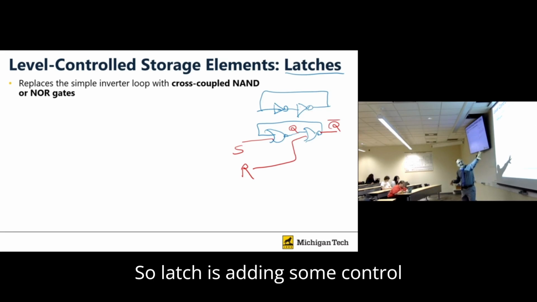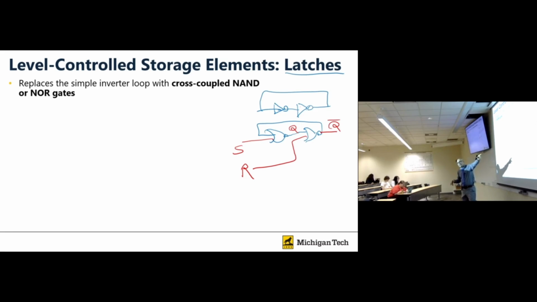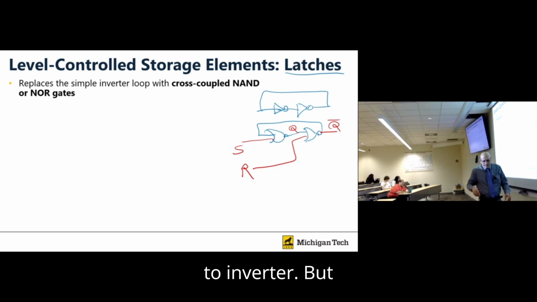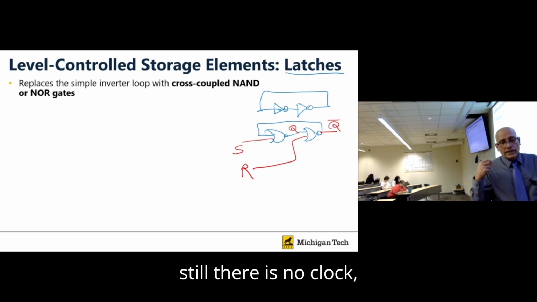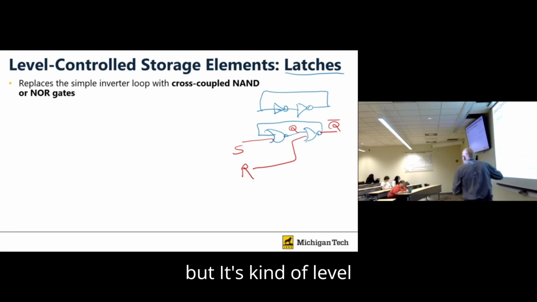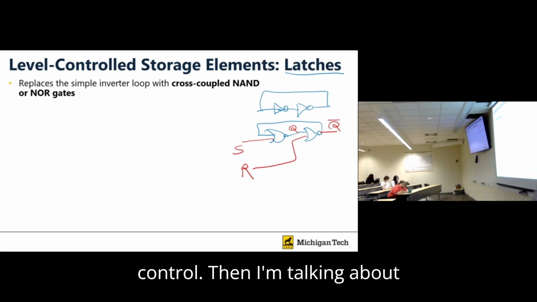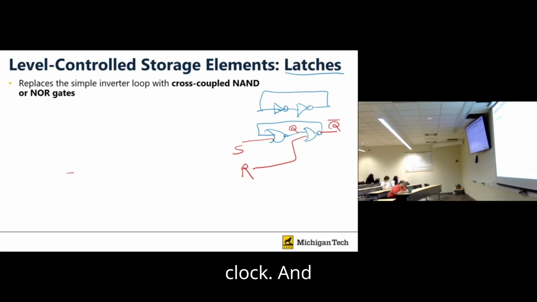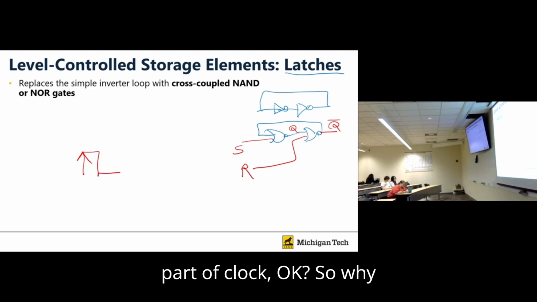So a latch is adding some control input to that simple two inverters, but still there is no clock, it's kind of level control. When I'm talking about clock, an edge control is the main part of clock, okay?